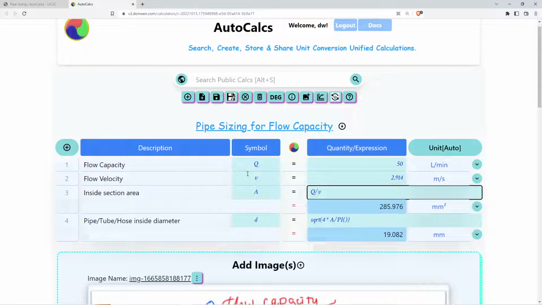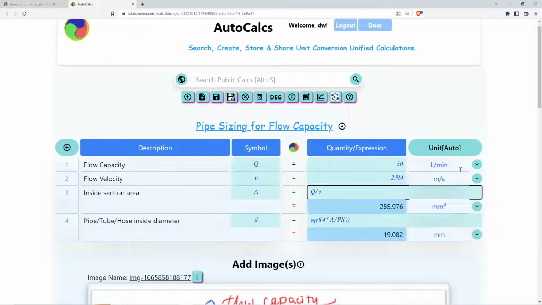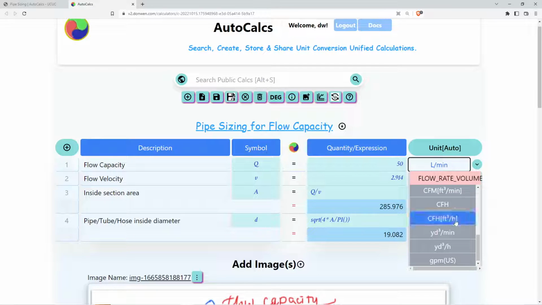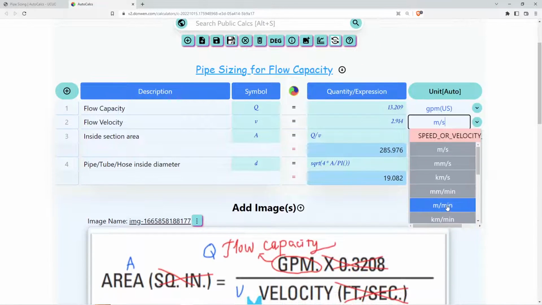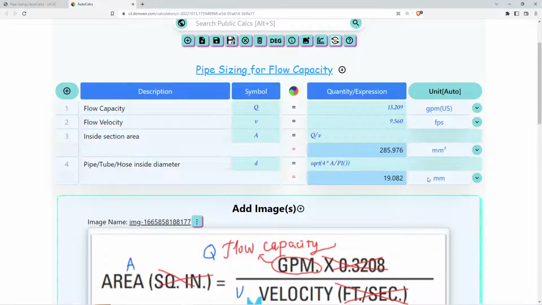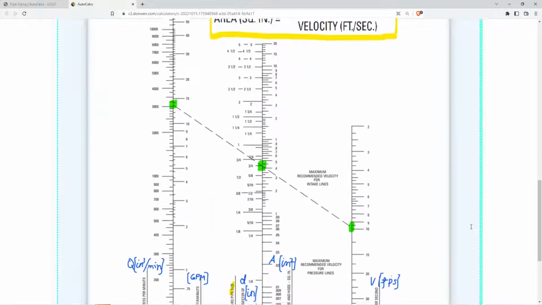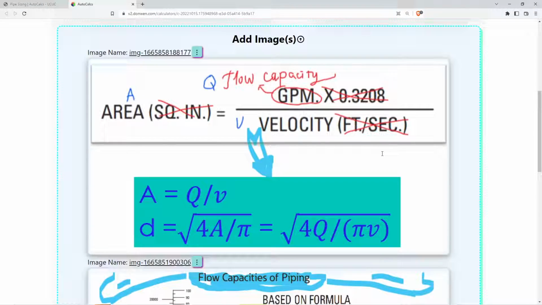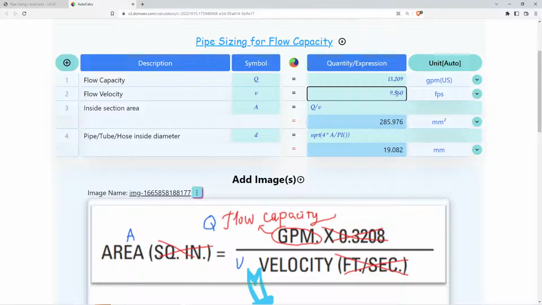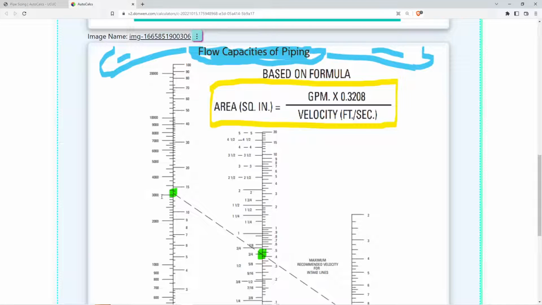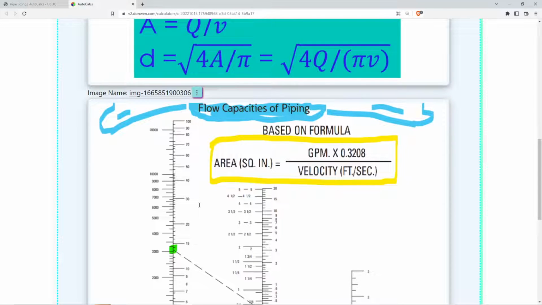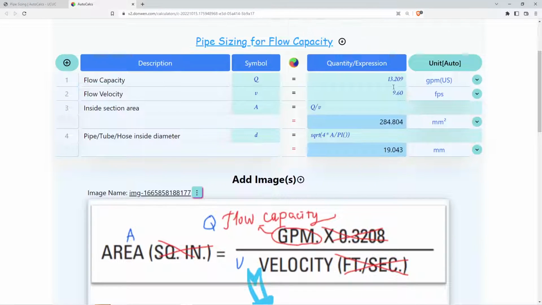So let's come to here, and let's use the same units, GPM and feet per second. We know that it was 9 point something. Let's say it's 9.6. And GPM is about 13 point something. Let's say it's 13.5.